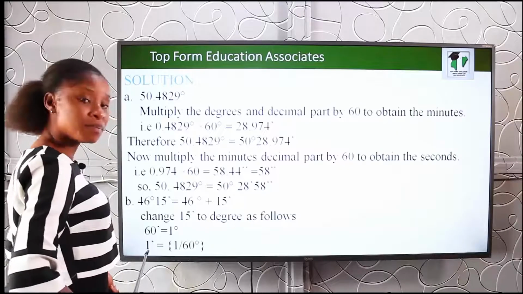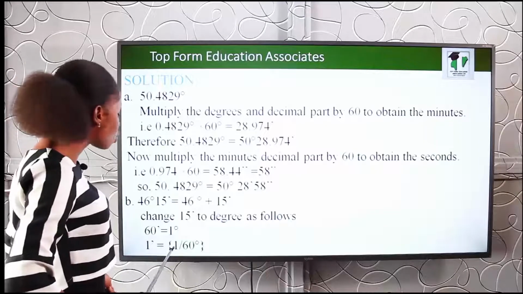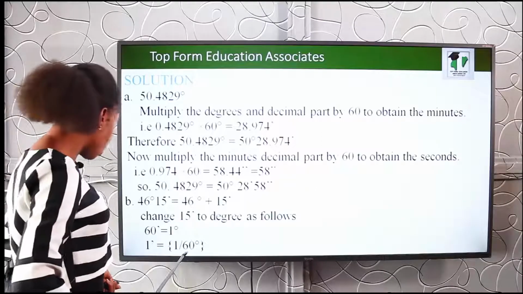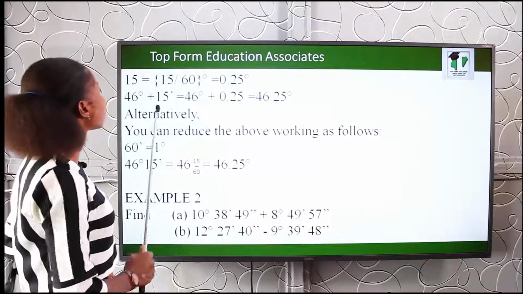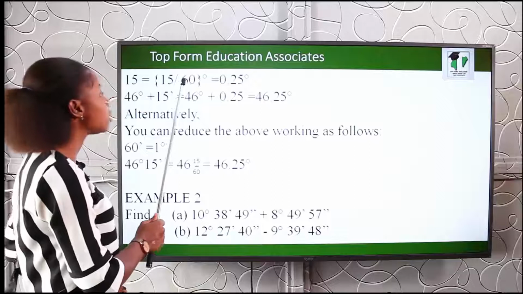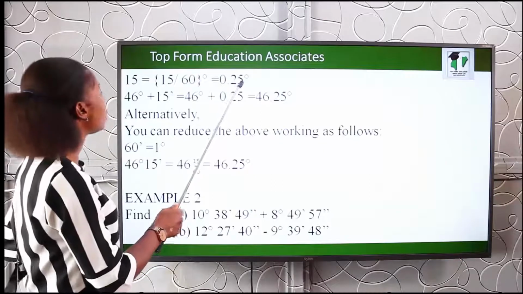Therefore, 1 minute will be equal to 1 over 60 degrees, which we can translate to 15 minutes will give us 15 over 60 degrees. Now, when we do the sum, we have 0.25 degrees.